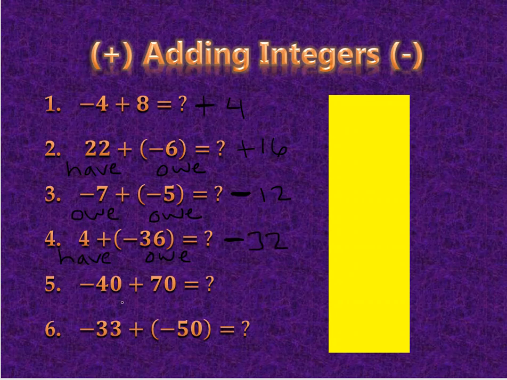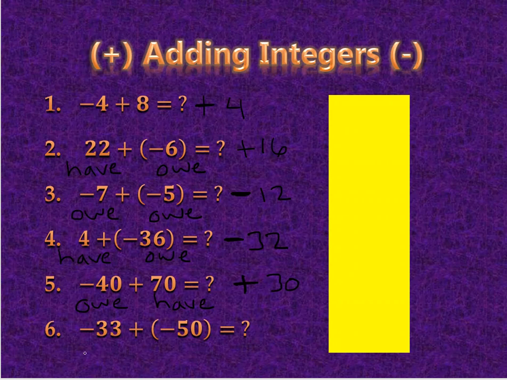Okay, let's look at the next example. Negative 40 plus 70. So if you owe 40, because that's a negative integer, and you have 70, you have more than you owe, right? So when we combine these two, we know our answer is going to be positive, and to figure out how much, we just take the 70, we subtract 40, and we get 30.